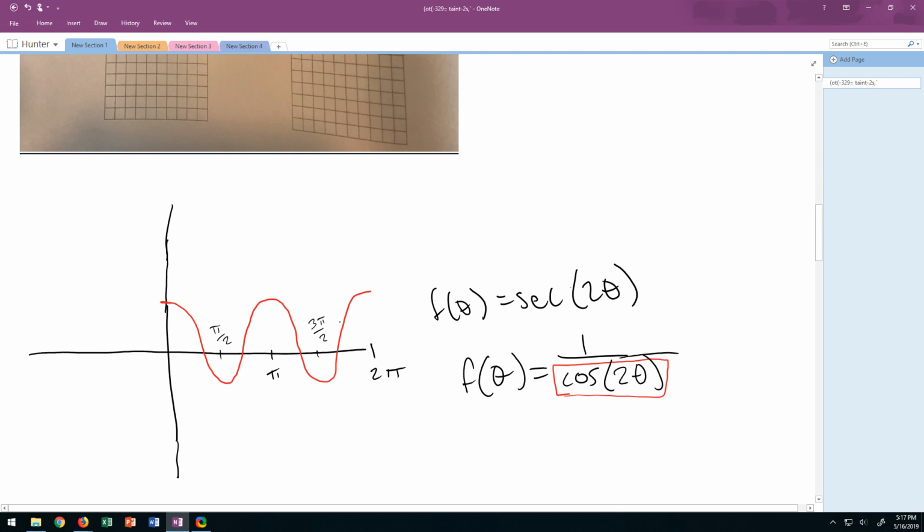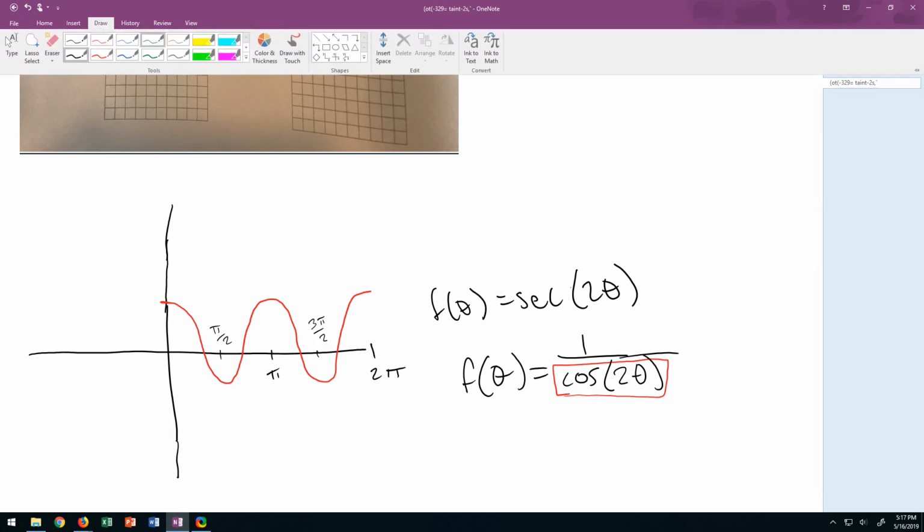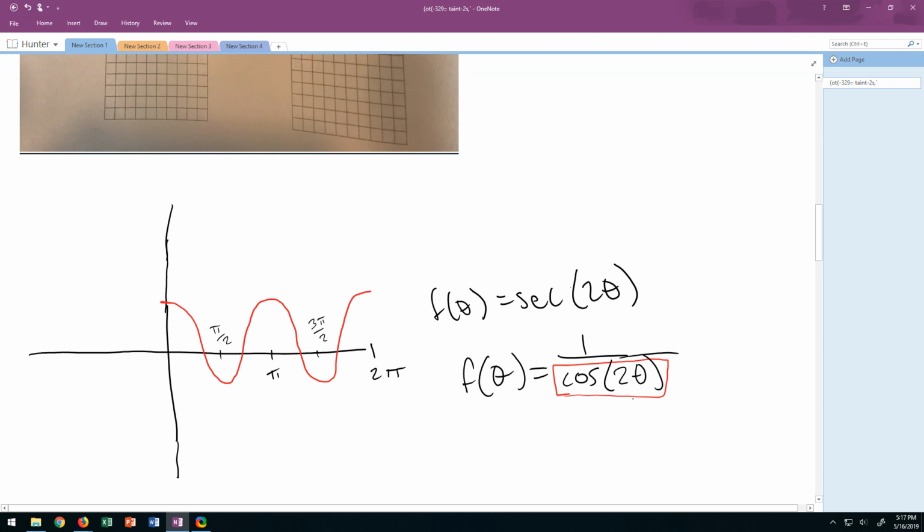Now I want you to think and consider. Now I'm going to draw in blue the reciprocal, 1 divided by the cosine. Okay, let's just throw in some points. Let's start with x equals 0 here on this vertical line. With x equals 0, the cosine of 2 times 0 is the cosine of 0. So the cosine of 0 is 1.